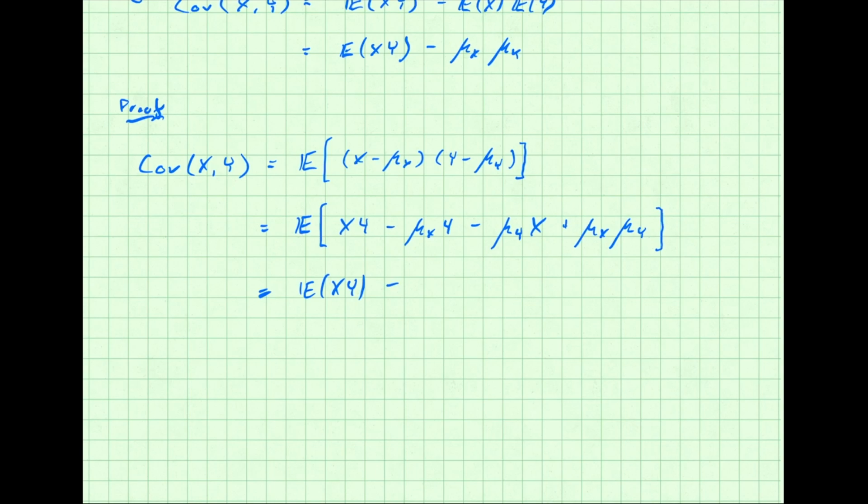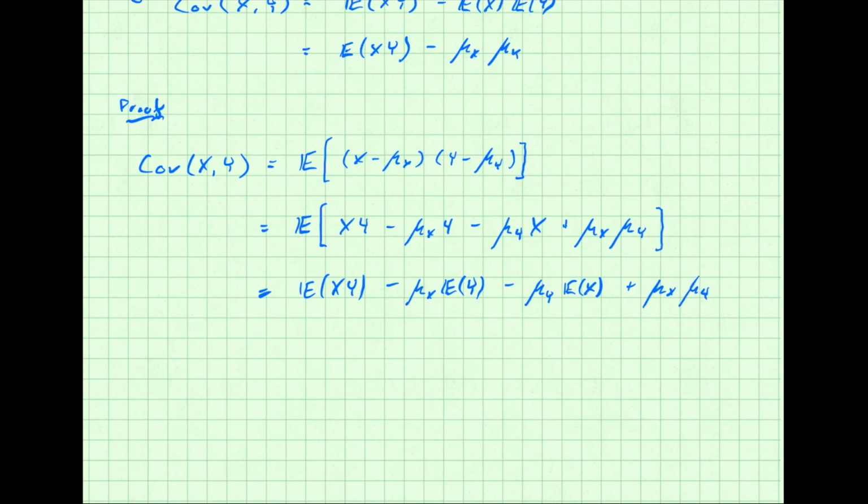minus, and now here, mu sub x is a constant, so it can come out of the expected value. So I get mu sub x times the expected value of y and then I get mu sub y times the expected value of x, and then plus mu x mu y, right?